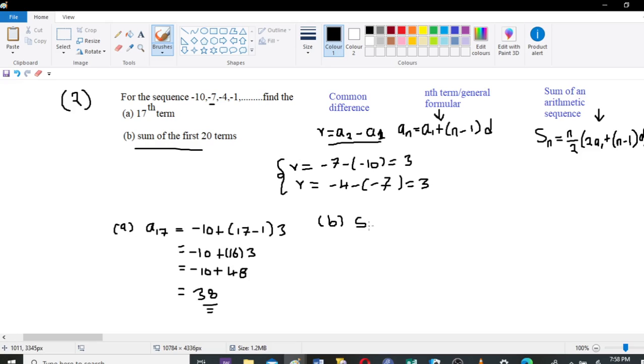So here we have S20, the sum for the first 20 terms. Our n is 20, right? So that is 20 divided by 2, you open your bracket, so you have 2. Now that 2 has to be multiplied by the first term in your sequence, which is negative 10, right? Now this one, you need to add, in this case your n is 20, remember?